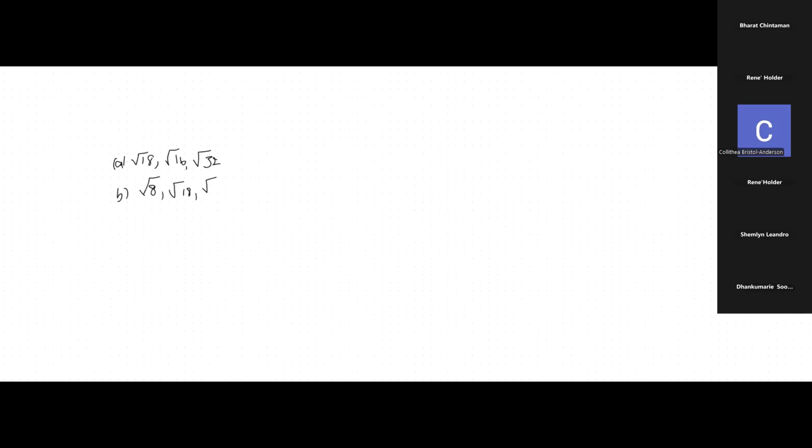So I have example A being square root of 18, square root of 16, and square root of 32, and B being square root of 8, square root of 18, and square root of 32. One more: C, square root of 8, square root of 16, and square root of 32.